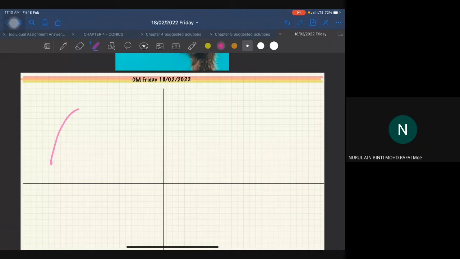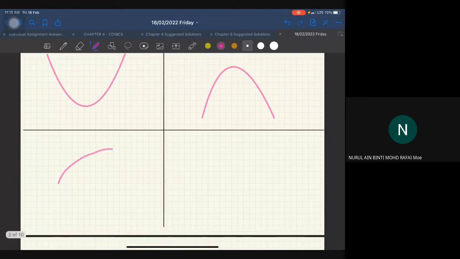So kita buat senyum dulu, ke atas. And then masam ke bawah. Okay, lebih kurang. And then ke kanan. And then ke kiri. Okay, so these are the 4 shapes that you have learned in parabolas.